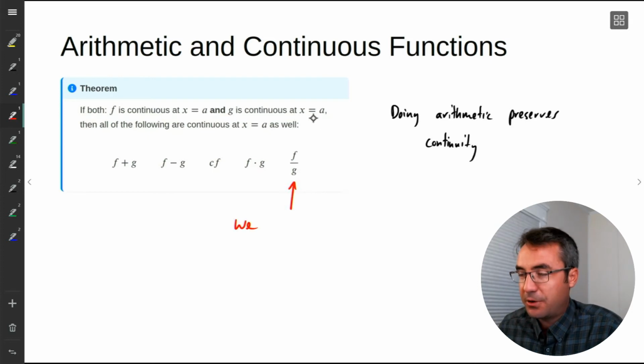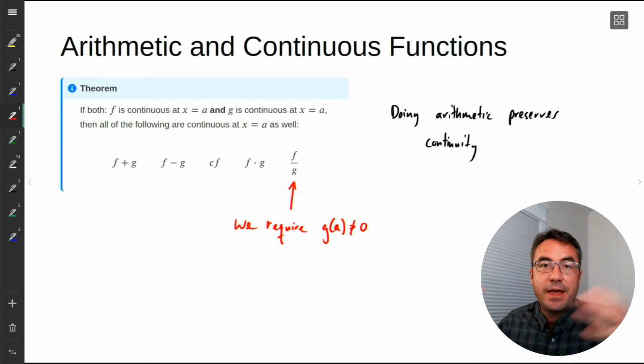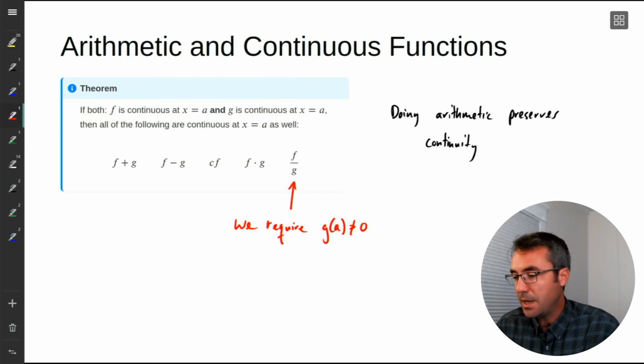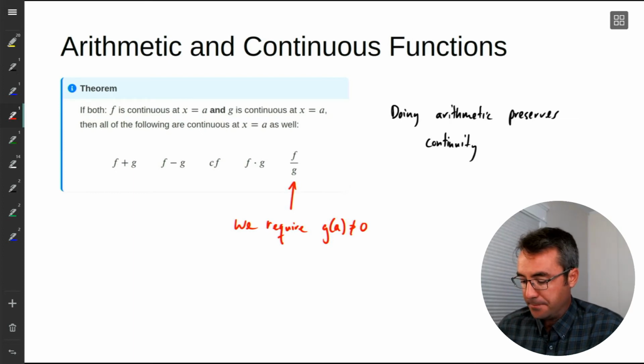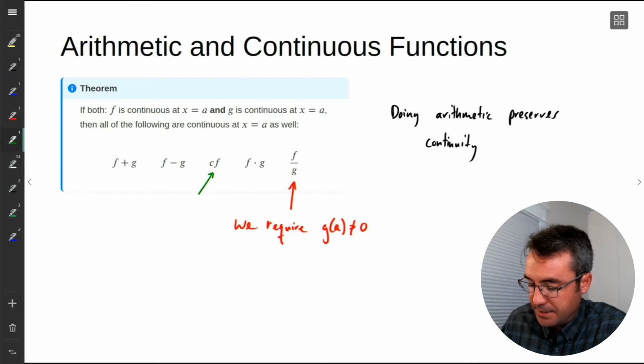So if we're talking about continuity at x equals a, the function g can't be 0 at a. So we require g of a not equal to 0. If we divide by 0, then that kills off the continuity at that particular x value, or could. And again, the c here is just a constant, so constant multiplication.